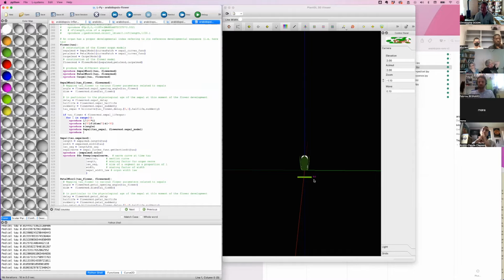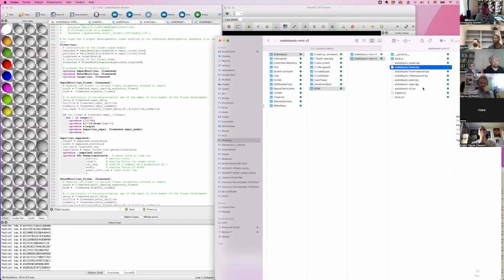Okay, so in this way, I have a simple timeline that makes it possible to make a reference on all the developmental stages of my complex organ. Okay. So now what I can do is that I can call this in a more complex system.